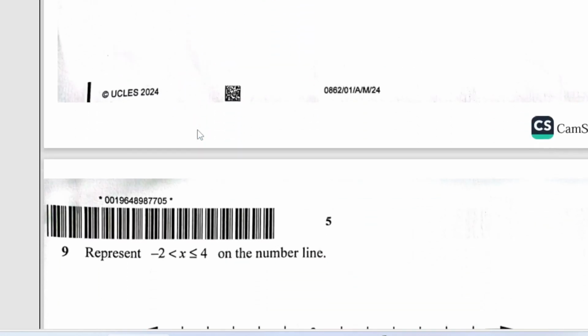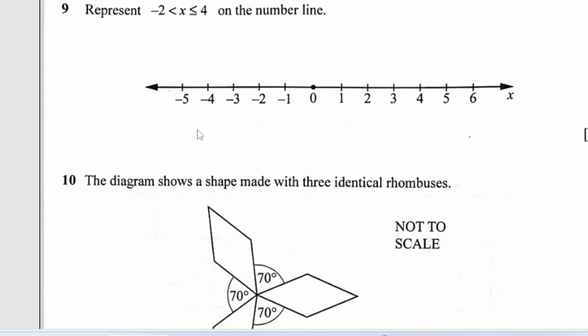Now number 9: represent negative 2 less than x less than or equal to 4 on a number line. Less than or equal to 4 is here, so we should have a shaded circle here, because this one is included.